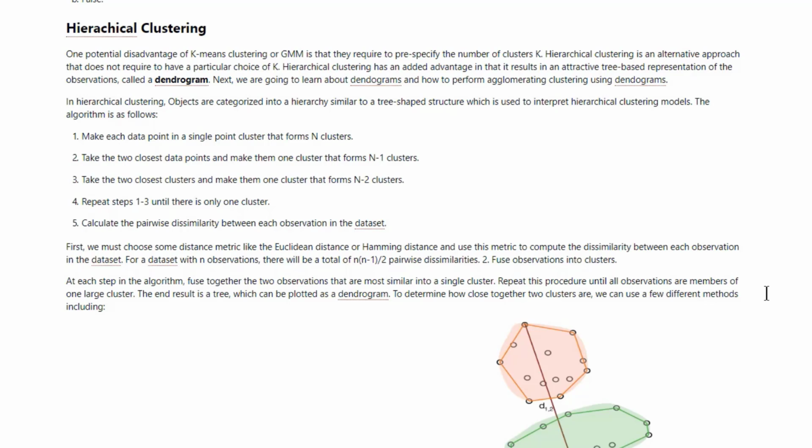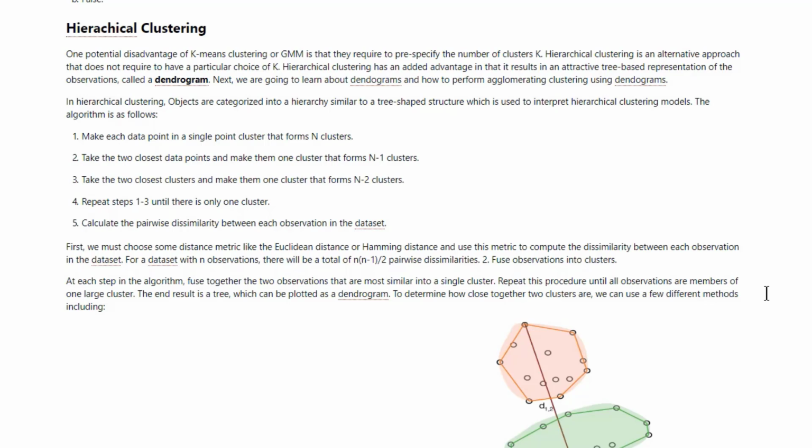Also, calculate the pairwise dissimilarity between each observation in the dataset. First, we must choose some distance metric like the Euclidean distance or the Hamming distance and use this metric to compute the dissimilarity between each observation in the dataset. For a dataset with n observations, there will be a total of n choose 2 pairwise dissimilarities.